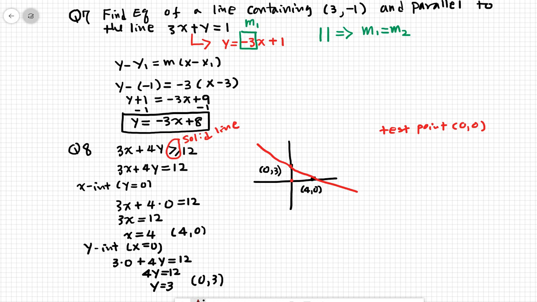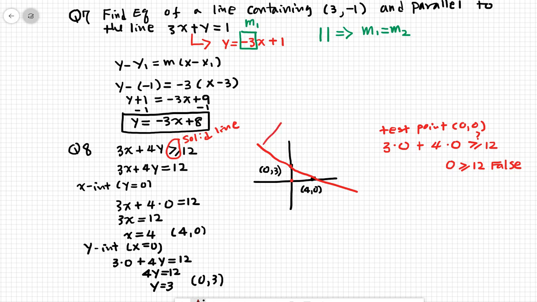If it's not, then the other side. So let's plug it in. 3 times 0 plus 4 times 0, is this going to be greater than or equal to 12? 0, that's false, right? So (0, 0) didn't work, so it has to be on the other side.